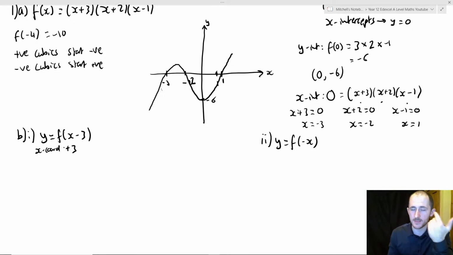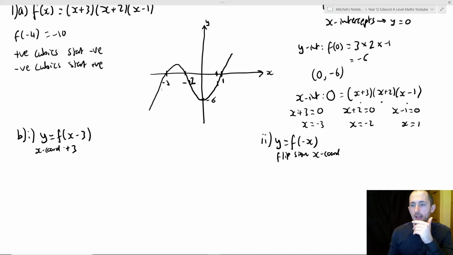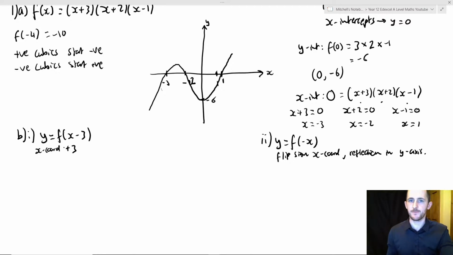The opposite of timesing is dividing, so you're dividing by minus 1, which is the same as timesing by minus 1. So all you're going to do is flip the sign of the x coordinates. And just so you're aware, this is a reflection in the y-axis. Okay, so not too shabby, I think.